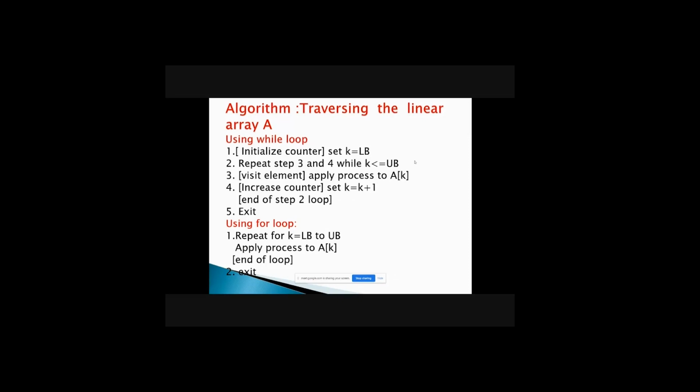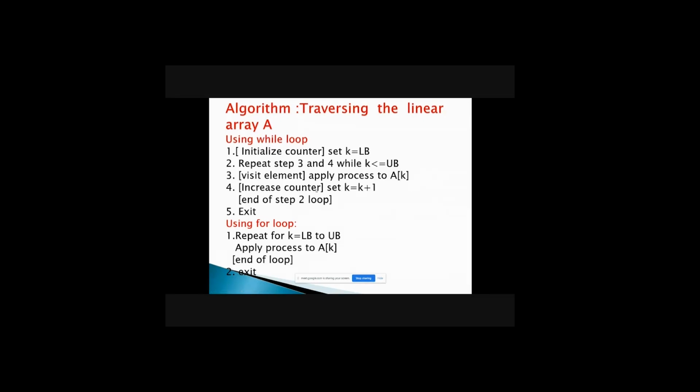When I say apply the process to A[k], it could be printing the element, or if you want to add the elements, or if you want to count, you can keep a counter. Whatever process you are applying, you do it with respect to the element placed in the position A[k]. Then after visiting A[k], you have to increment the counter. That means you have to go to the next element. How do you go to the next element?